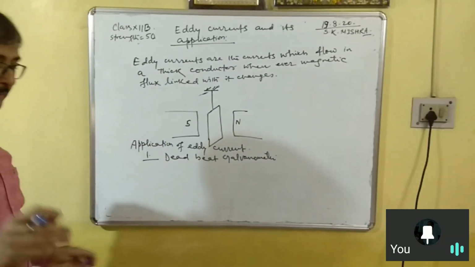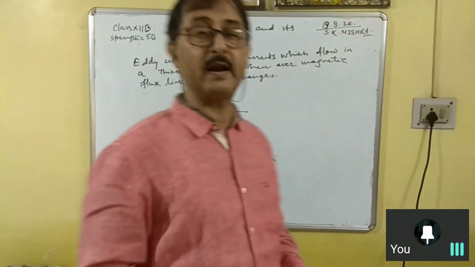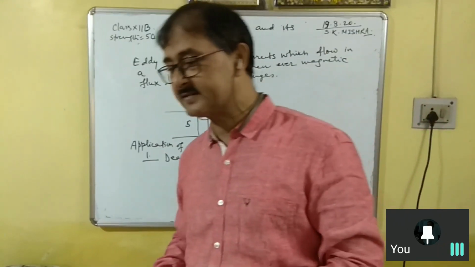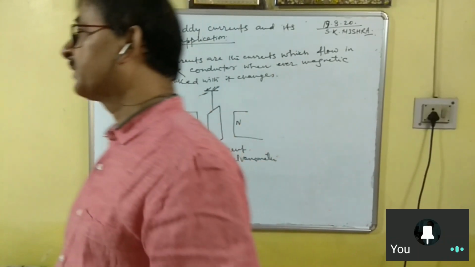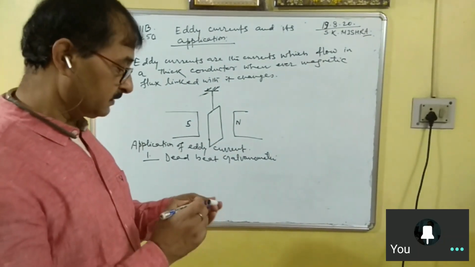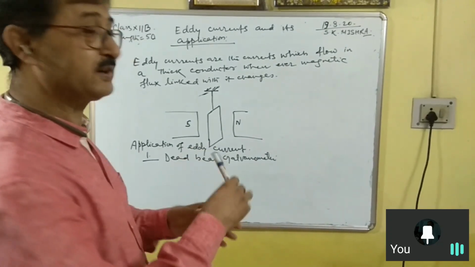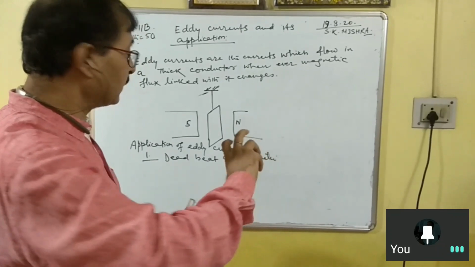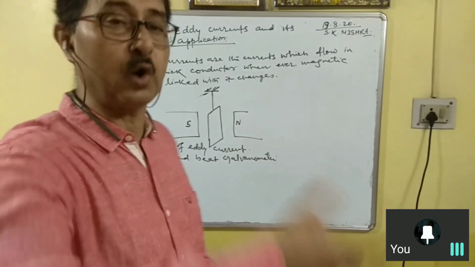Now you have already studied the moving coil galvanometer. In the galvanometer, a coiled spring is there. So when current passes through the coil of the galvanometer, the coil will experience a deflecting torque, and at the same time the coiled spring will provide the anti-torque.